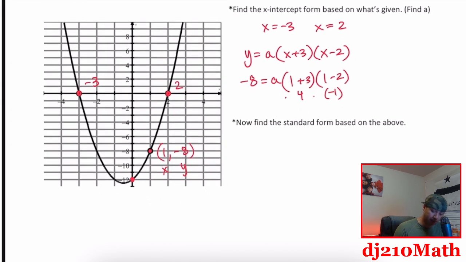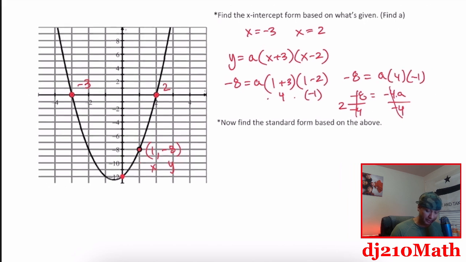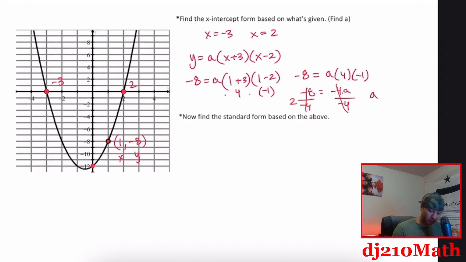So -8 is equal to a times 4 times -1, which is -4 times a. I'm going to write the coefficient in front like normal. Divide both sides by -4. A is equal to +2, because a negative divided by a negative is a positive. So a is equal to 2.